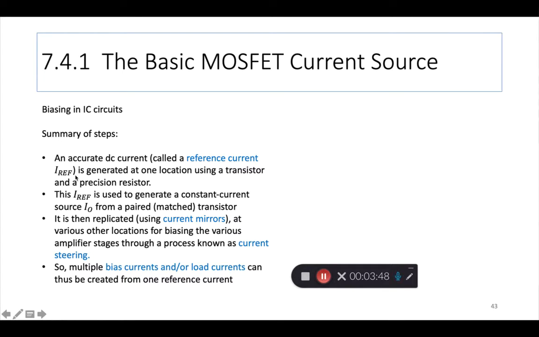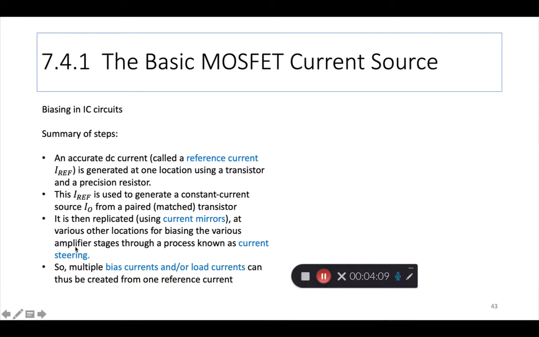So you take I reference and then you immediately create another current I_O. This I_O can then be replicated using current mirrors at various other locations for biasing the various amplifier stages, and this process is known as current steering.